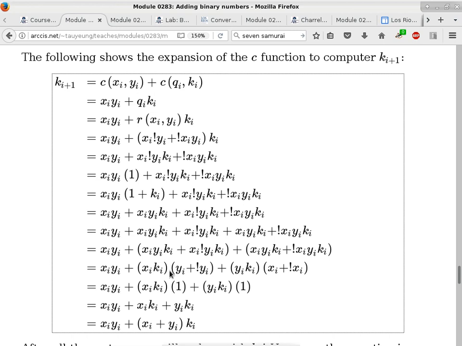What about from here to here? Looks like we're shrinking again. How do I get this identity? How did I simplify to just true? X or not X is always true. Why is it always true? Because if you say X is true, then it's true because that's the first part. If you say not X, then it's true because the second part is true. Exactly, because in this particular disjunction, yi or not yi, one side is the opposite of the other one.